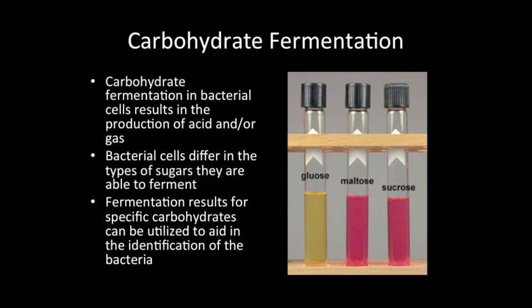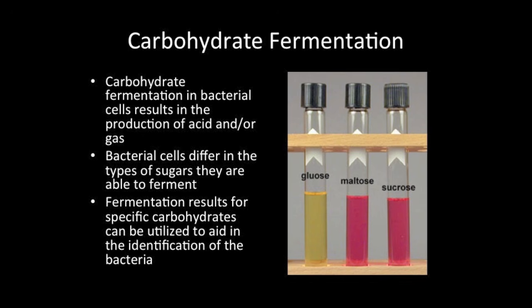Carbohydrate fermentation in bacterial cells results in the formation of an organic acid, or in some cases, an organic acid and a gas. Bacterial cells vary in the types of carbohydrates they are capable of fermenting. This is dependent on what type of enzymes exist in their cells. So, since we know bacterial cells differ in the carbohydrates they can utilize, we can set up a test in which specific carbohydrates are present in different test tubes to determine which carbohydrates are utilized.